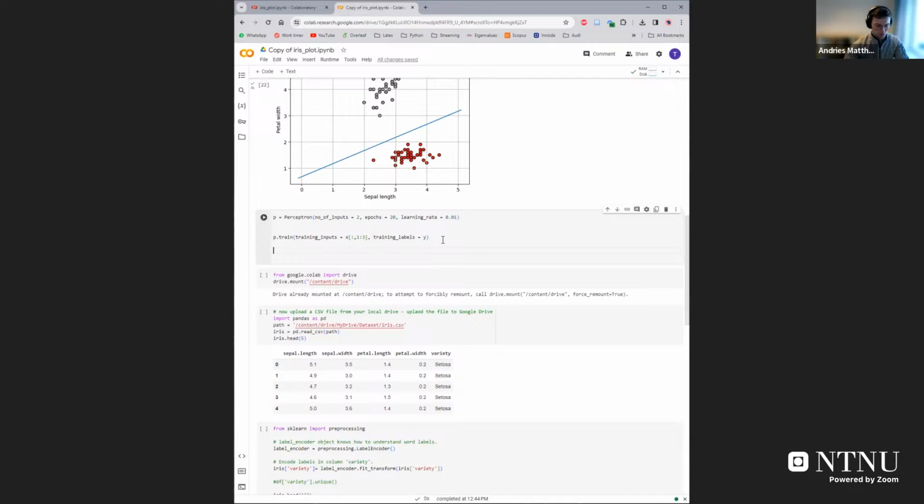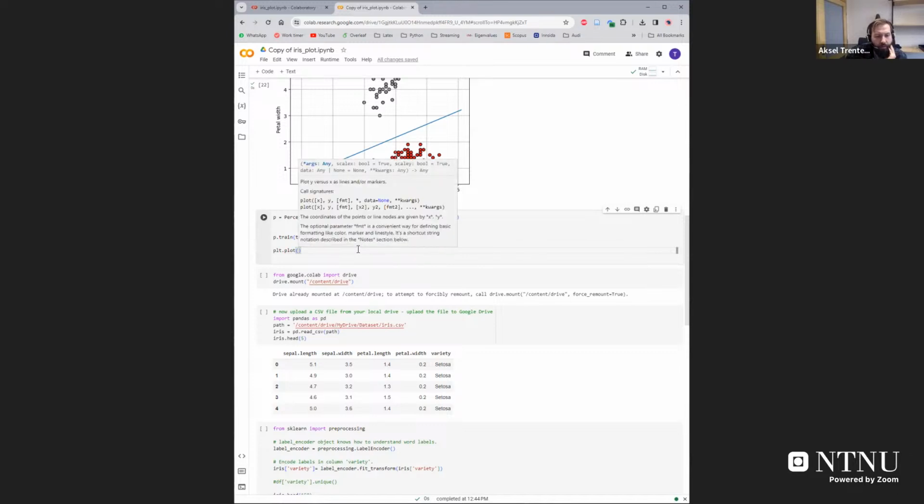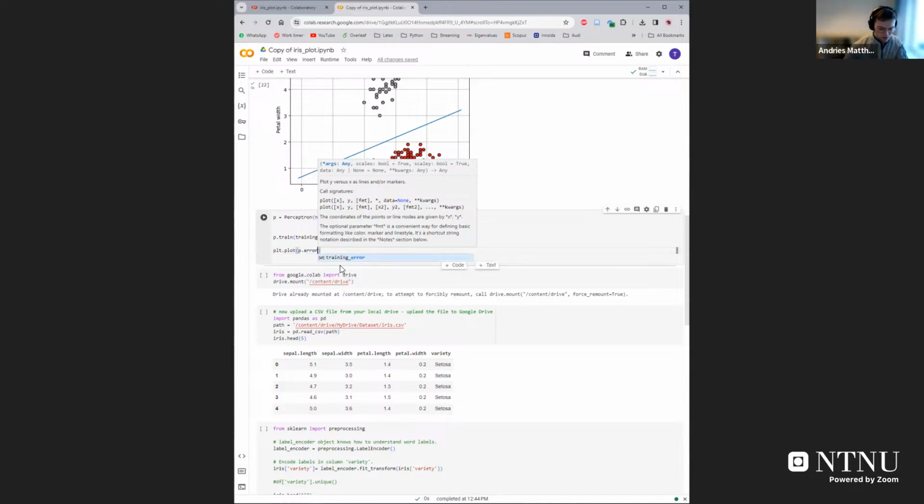So now we can do plot, and then, how do you obtain some... Yeah, the error, for example. It's p dot, I suppose. P dot error. Isn't that the training error?